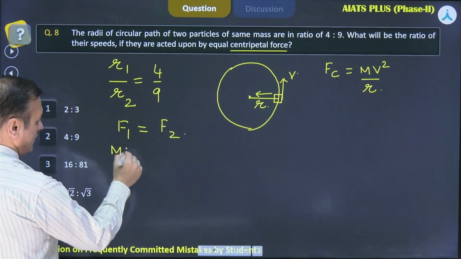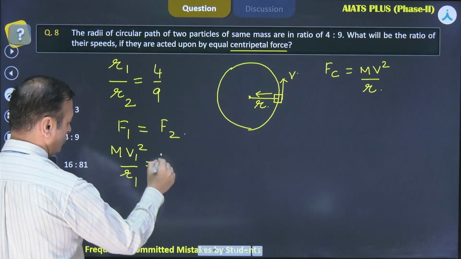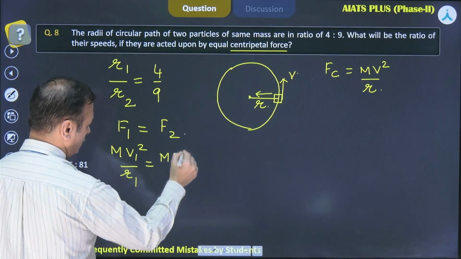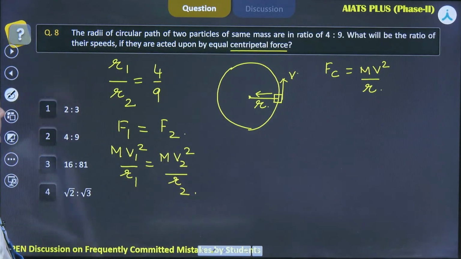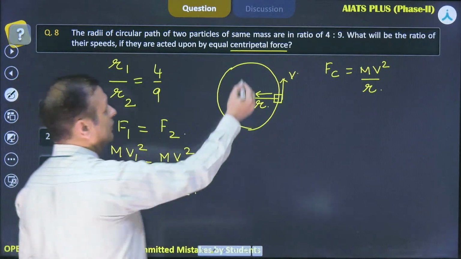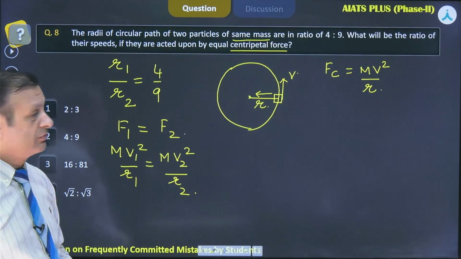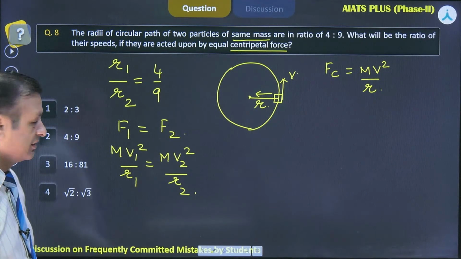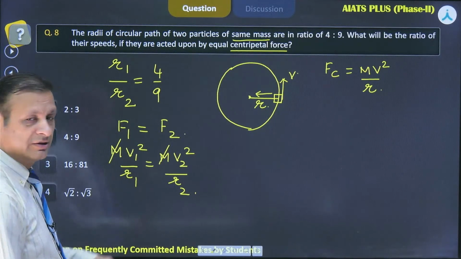So m V1 square by R1 is equal to m V2 square by R2. Why are we writing m for both? Because they have the same mass, that is given to you. So that goes. Got it?